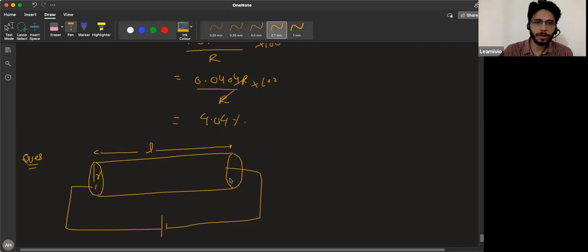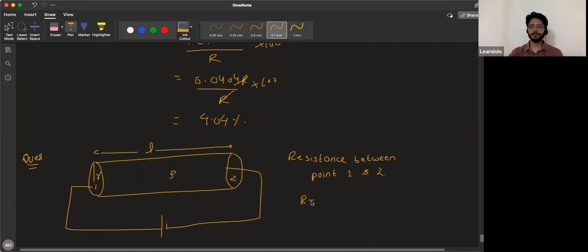Let's call this point 1 and point 2. You need resistance between point 1 and point 2. The resistivity of the conductor is rho. What is the expression of resistance in terms of resistivity? Maharaj?